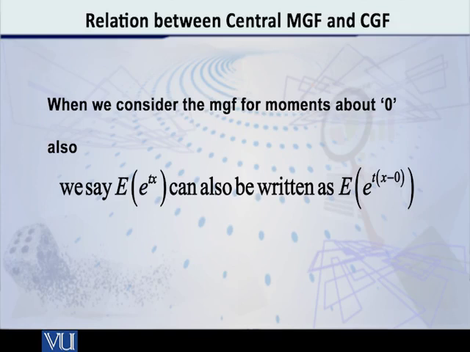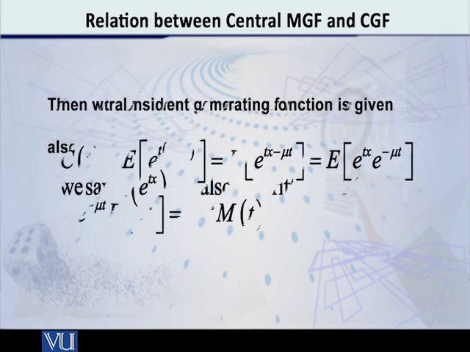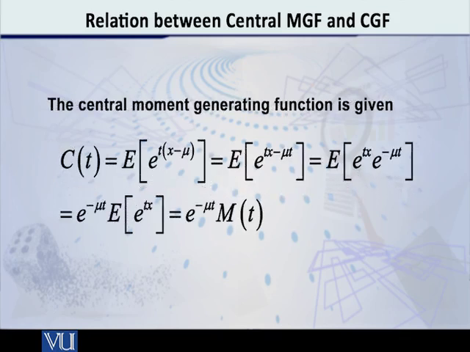All right, now that we are clear about the definition of the central moment generating function, let us deal with it in some detail. So, as you can now see on the screen, capital C of t is the expected value of e raised to t multiplied by x minus mu.